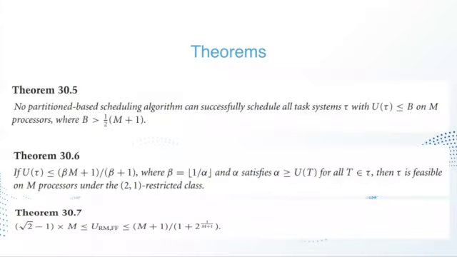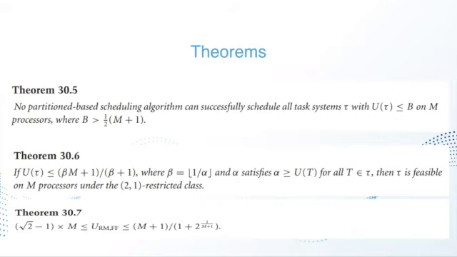Theorem 30.5: no partition-based scheduling algorithm can successfully schedule all task systems tau with u(tau) less or equal than b on m processors, where b is greater than (m+1)/2.